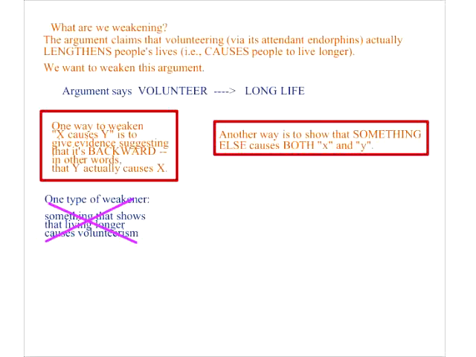But if you can say that some quality is present in both, or if some quality contributes to both volunteerism and long life, then the argument is weakened.